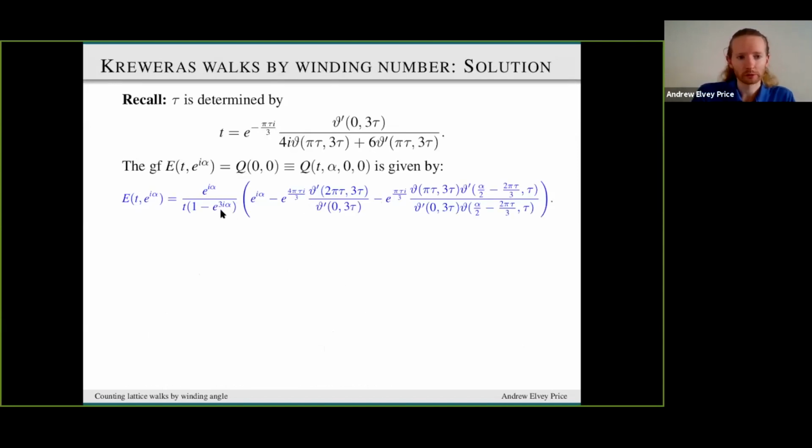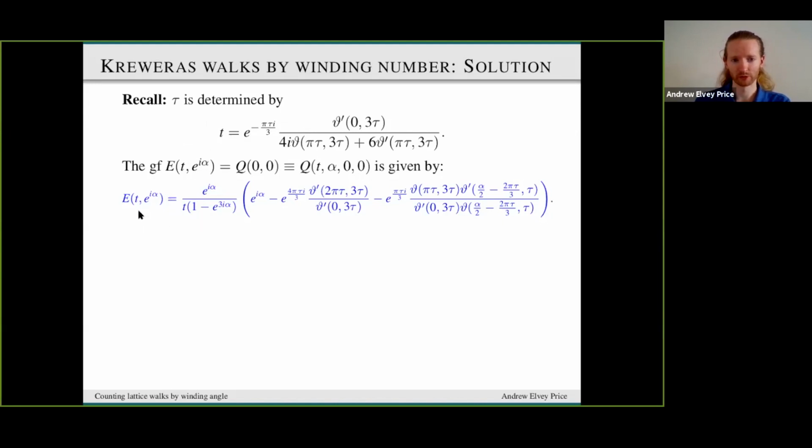Okay. So anyway, this is the solution we end up with for q(0,0). I couldn't fit the expression for q(x,y) on the page, so I'm just writing the expression for q(0,0). If you recall, tau was defined implicitly by this equation relating it to t.